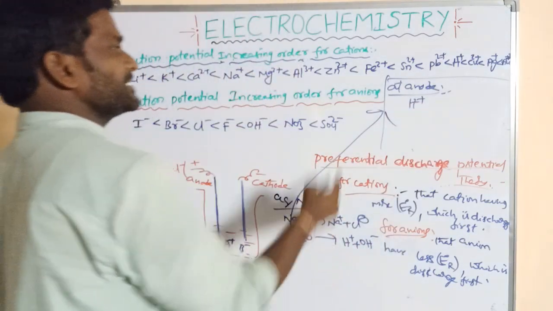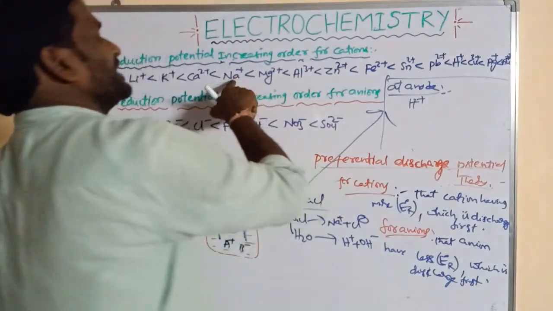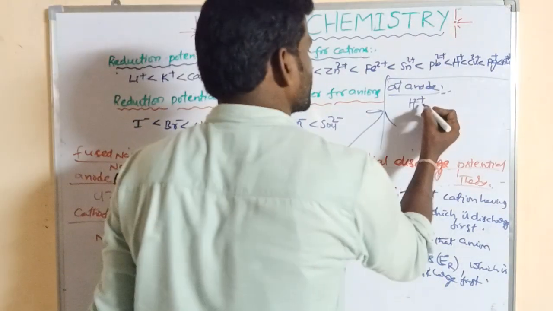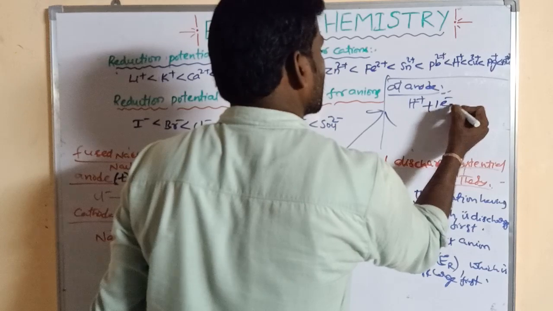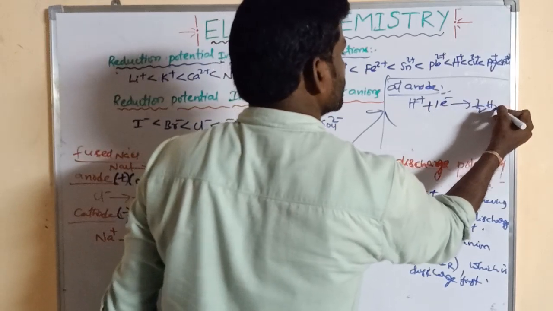H plus having more reduction potential than Na plus, it is discharged first. H plus gains one electron and gives rise to H2.